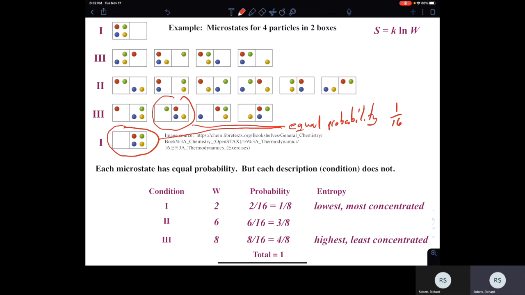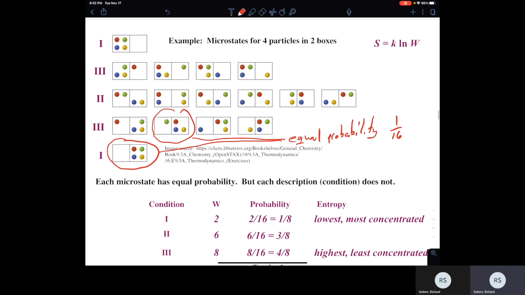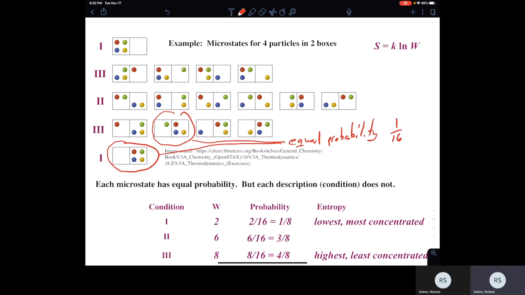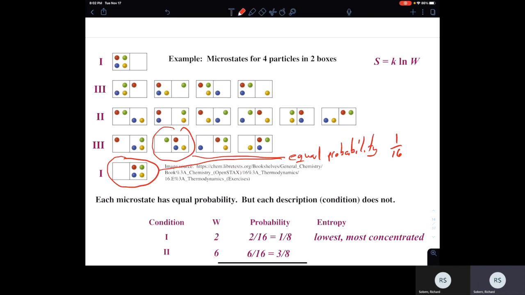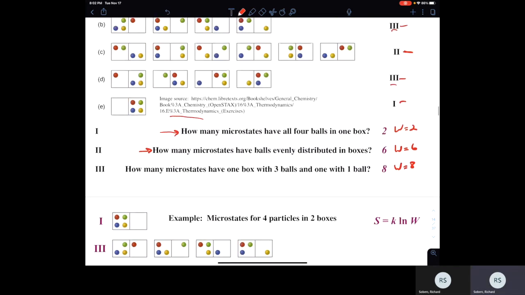If I play this as a game, throw 4 beanbags, any 2, all of these have equal probability of coming up, 1 in 16. But these are microstates, possible outcomes, each one of them a snapshot. But we're trying to relate this to a macroscopic description.